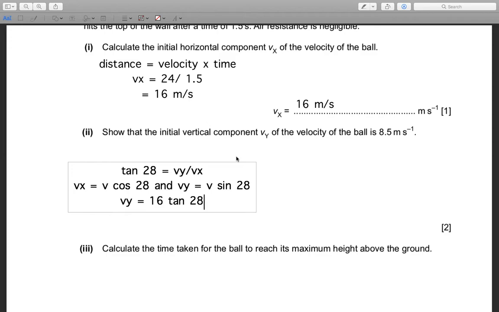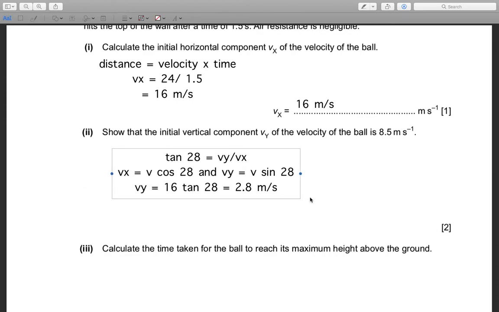Because tan 28 degrees equals Vy divided by Vx, we get Vy equals, as mentioned before, 8.5 meters per second. Yes, this is the answer of II.